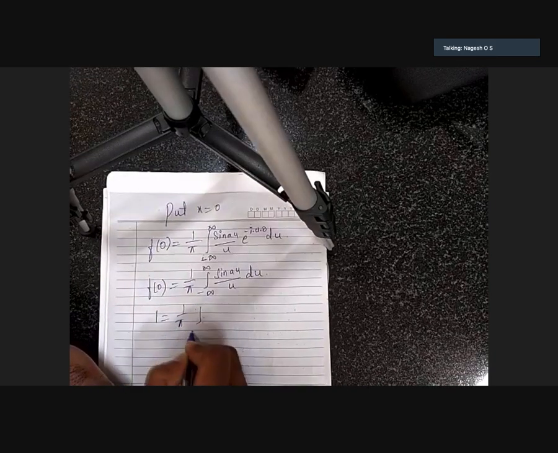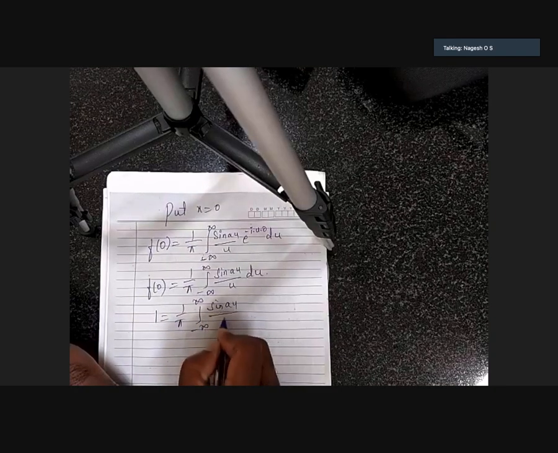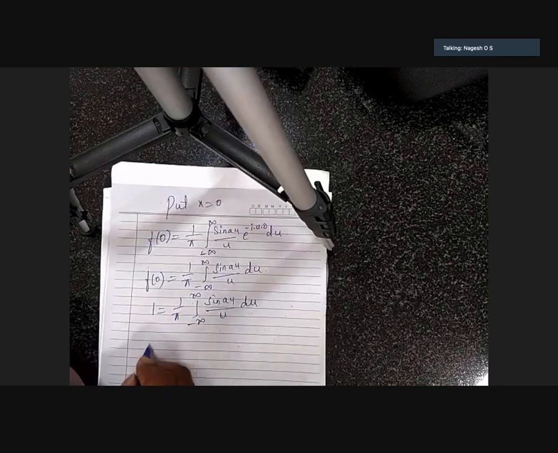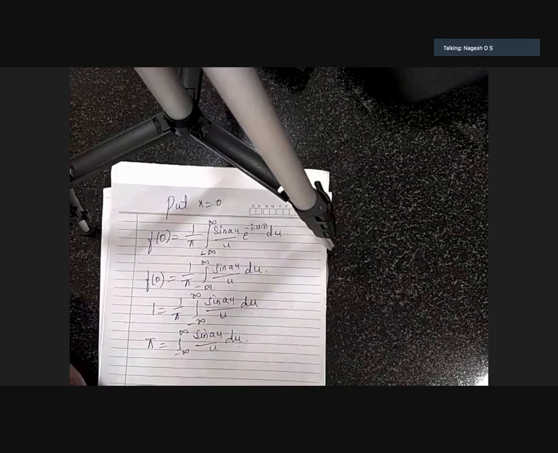So 1 by pi integral from minus infinity to infinity of sin au by u du, that is, pi equals integral from minus infinity to infinity of sin au by u du.